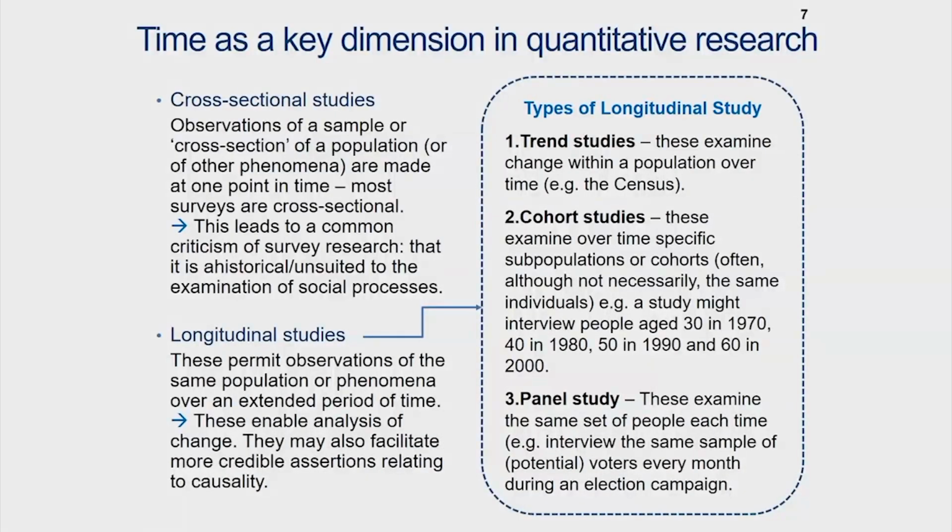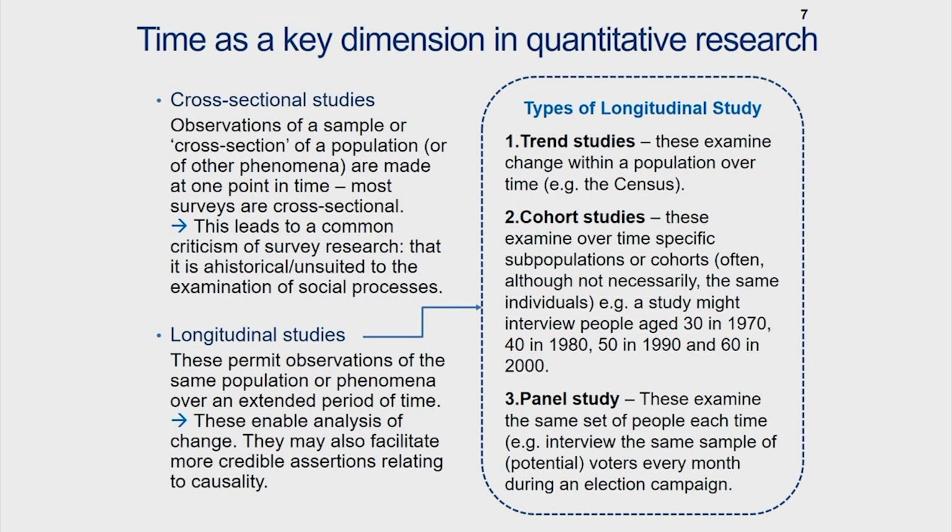So, these limitations are pointed out, as a result of which most evaluation studies make use of cross-section data quite often. This leads to a common criticism of survey research, that it is ahistorical and unsuited to the examination of social processes.